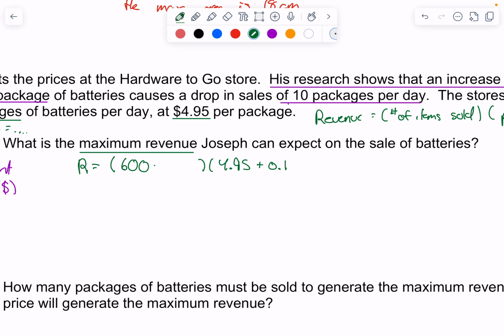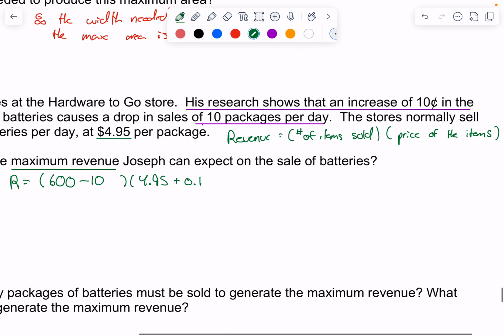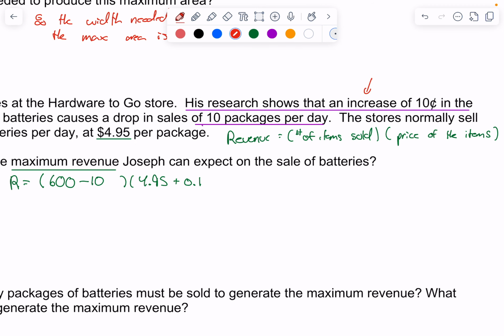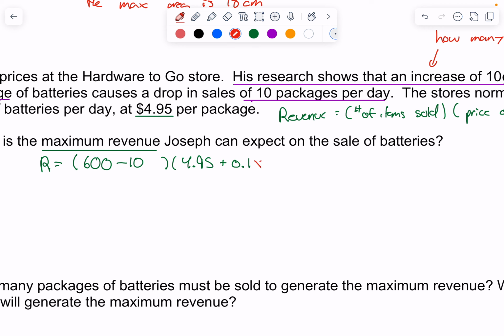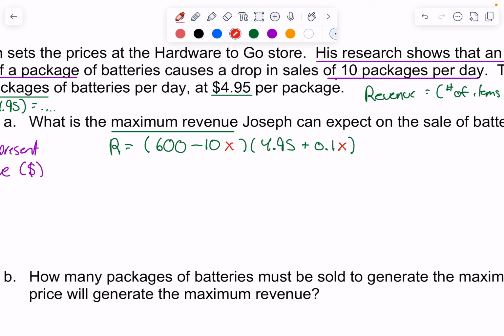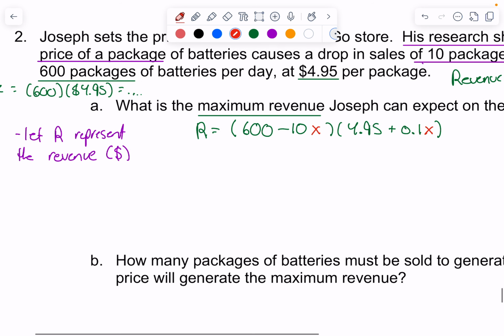So minus 10. But you don't just leave it there, because how many times does he change that 10 cents? We don't know. So that's why you call it X. And there's our second variable. We do not know how many times he's changing the price.